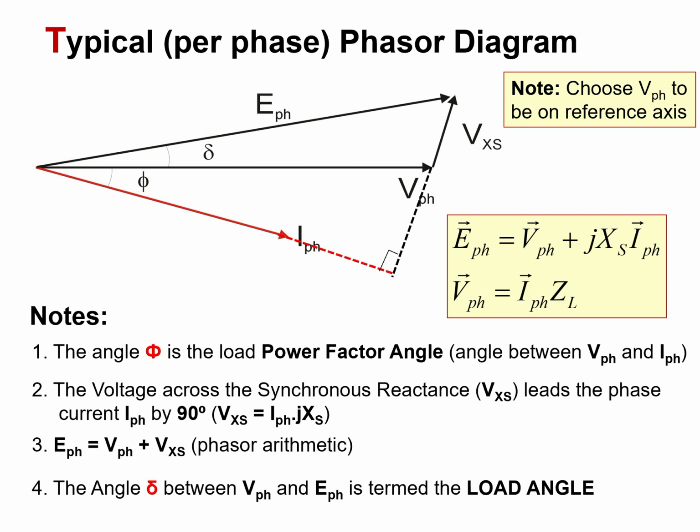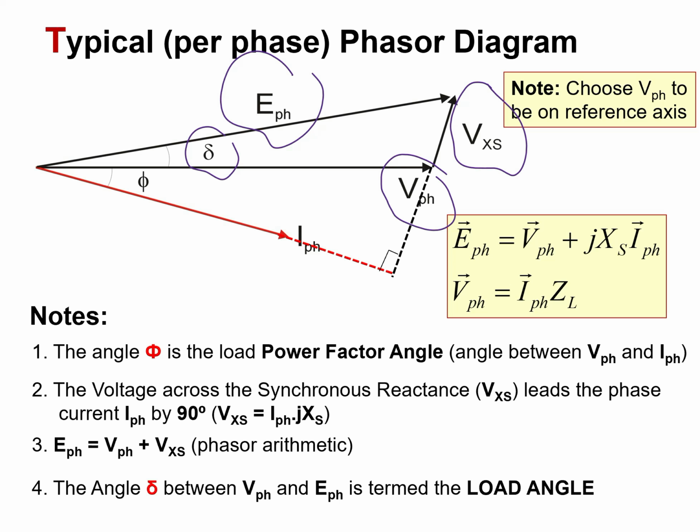If we look further into the phasor diagram of this per phase circuit, we will see that if we put the phase voltage on the reference axis, its summation with the voltage across the inductance reactance gives us the excitation voltage. And between them is an angle, this angle is called the load angle.